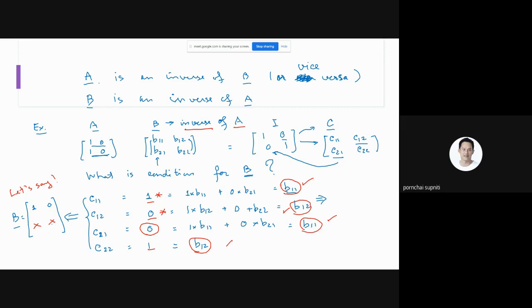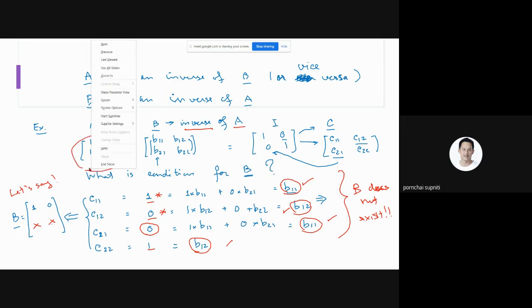You know what it says in this case? Can you guess? B does not exist. That's what it says. It means that you don't have an inverse in this case. If A is like this, you have no inverse. You cannot find it.